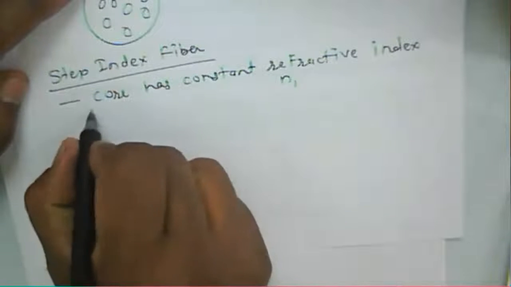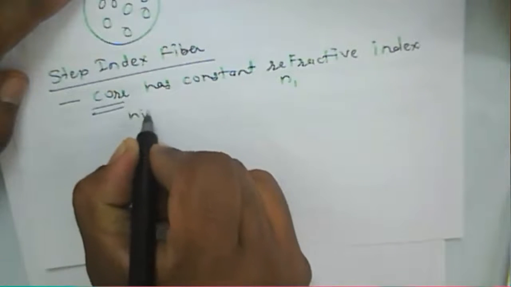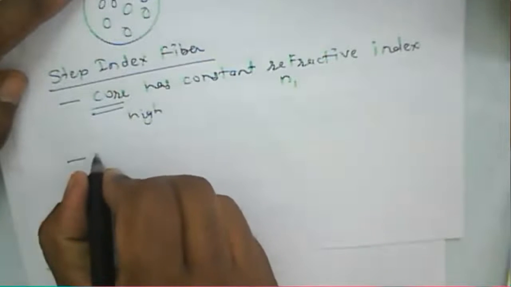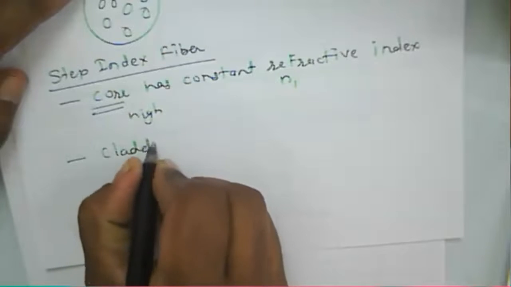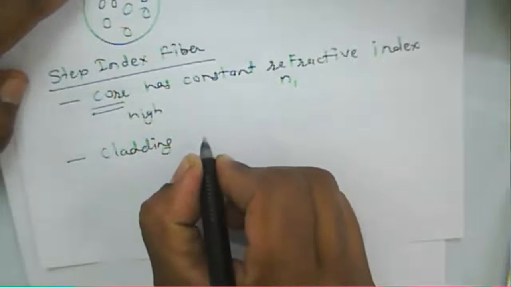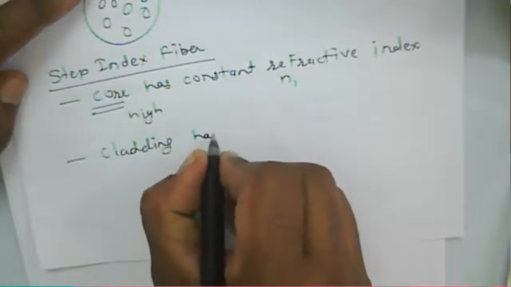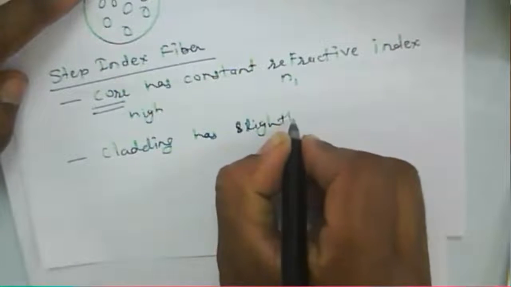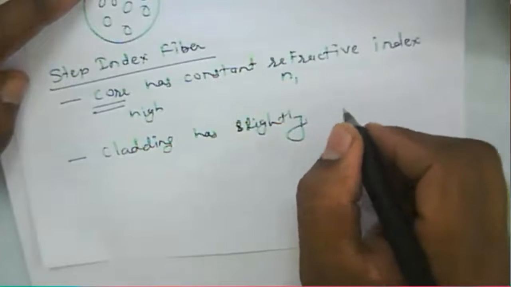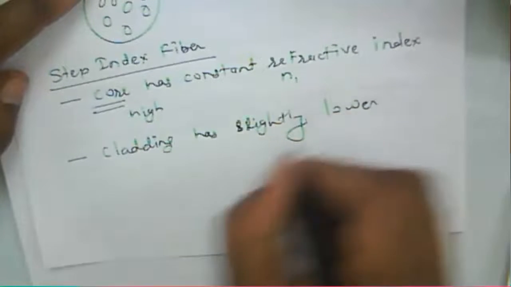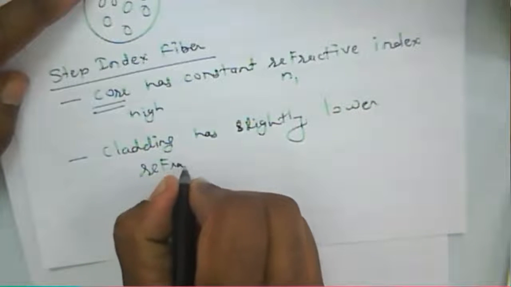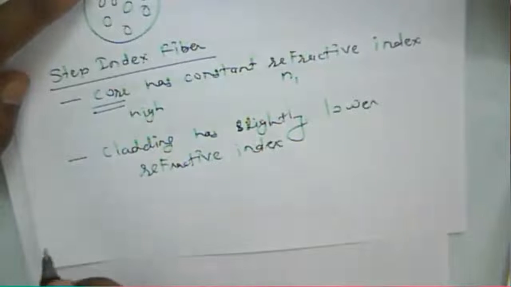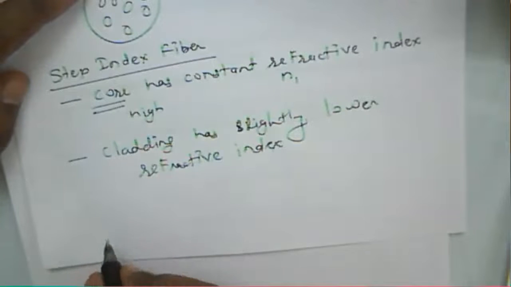And that core refractive index is always higher compared to the cladding. The cladding has a slightly lower refractive index.